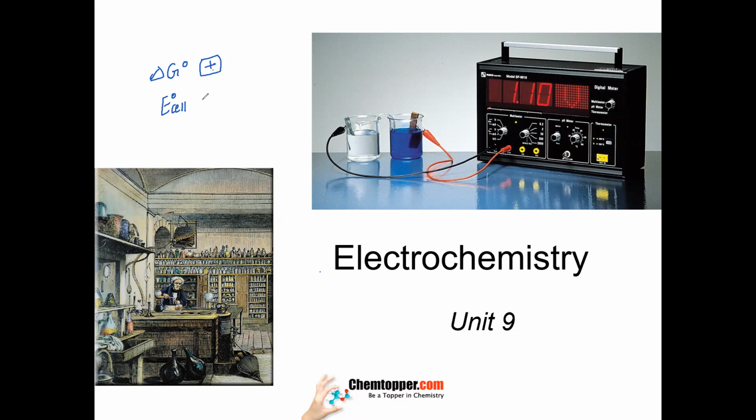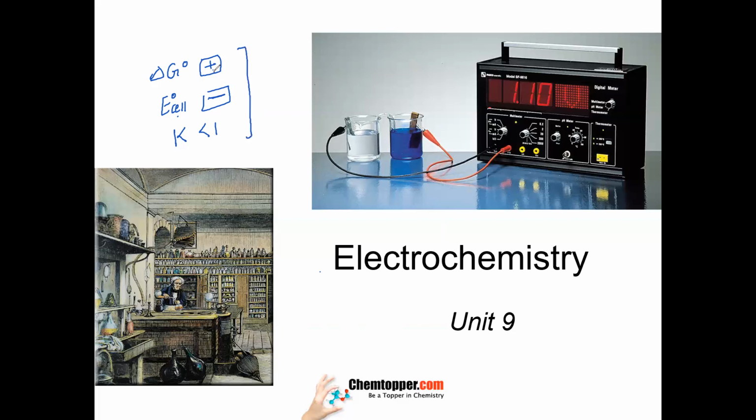We are trying to memorize it. What's the value of K? Greater than 1 or less than 1? K is less than 1. E naught cell is negative. Are you going to use electricity or are you getting electricity here?